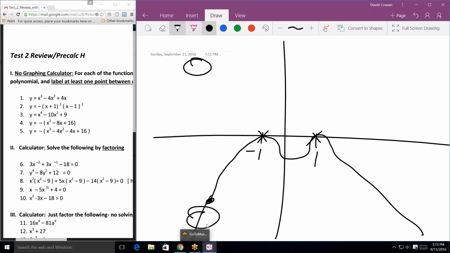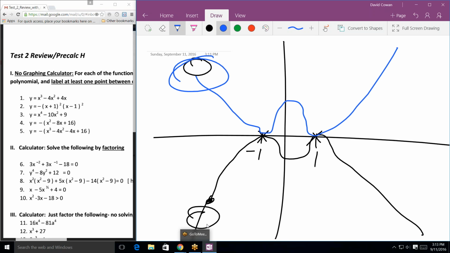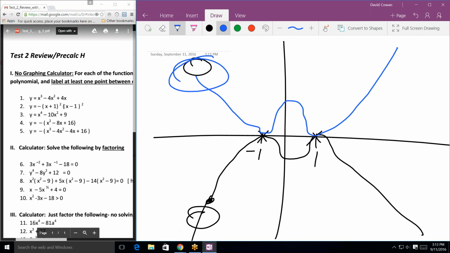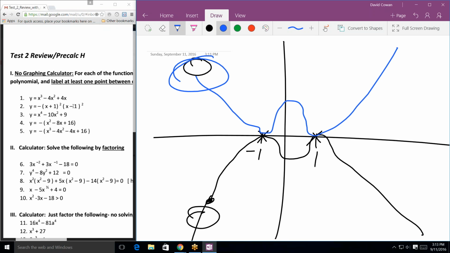Notice the first way I drew it. First way I drew it was like this. But can that be correct? In other words, as x goes to negative infinity, what does this function go to?